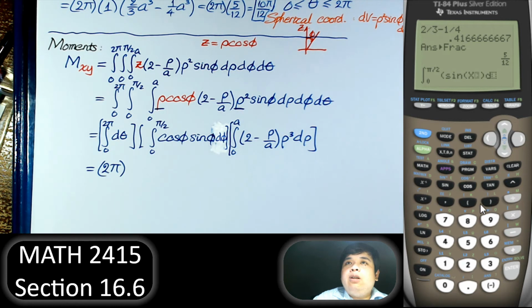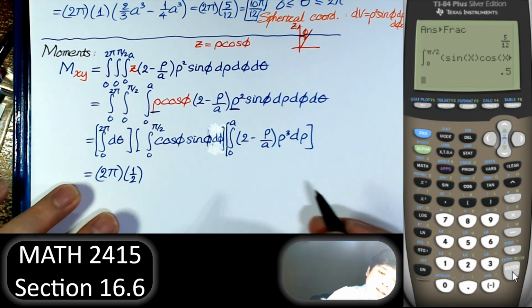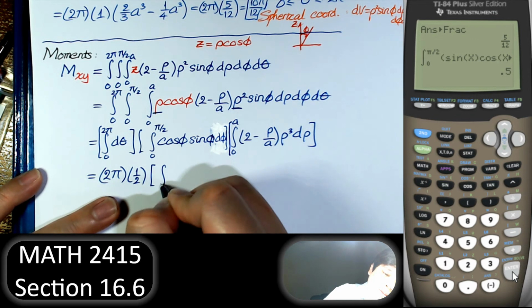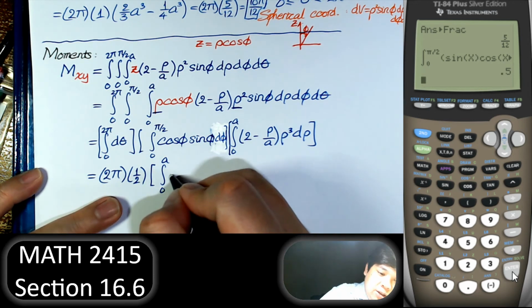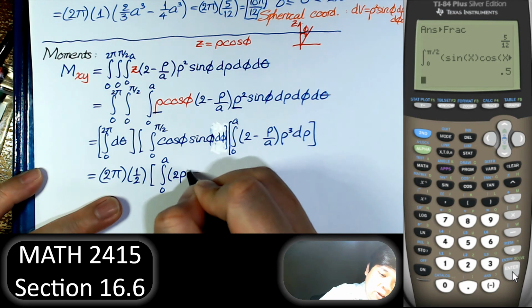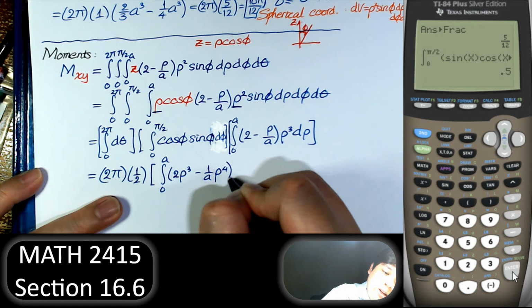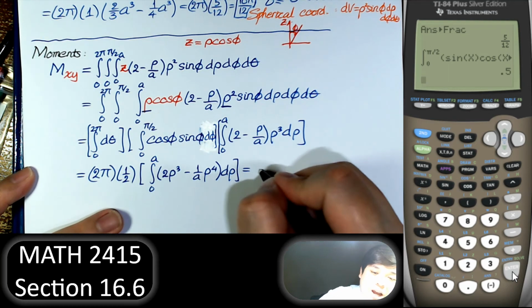Sine, cosine, is 1/2. And then that integral, 2 rho cubed minus 1 over a rho to the 4th. 2 and 1/2 cancel out, that's just pi.